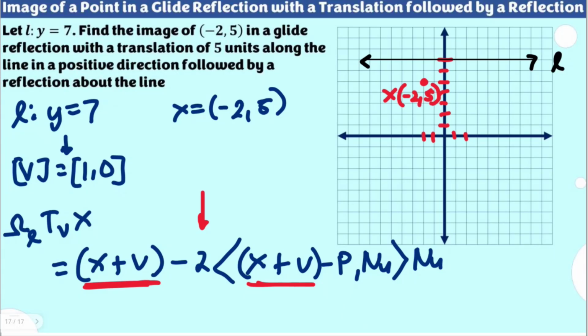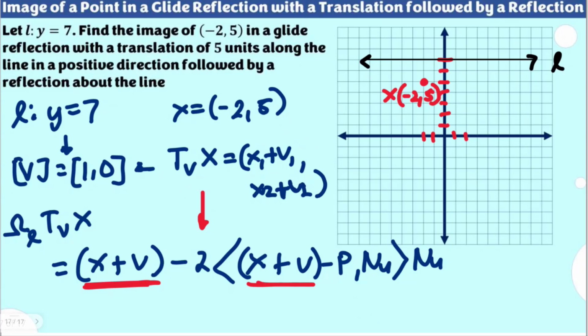Don't worry that our vector v is expressed in this manner, we can always take the translation, because the translation of any point x along vector v is just the first component of x plus the first component of the vector, paired with the second component plus the second component of the vector.